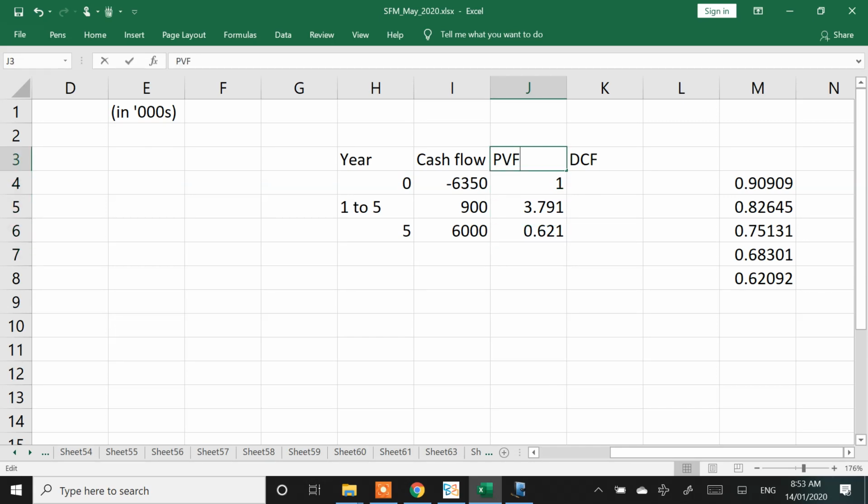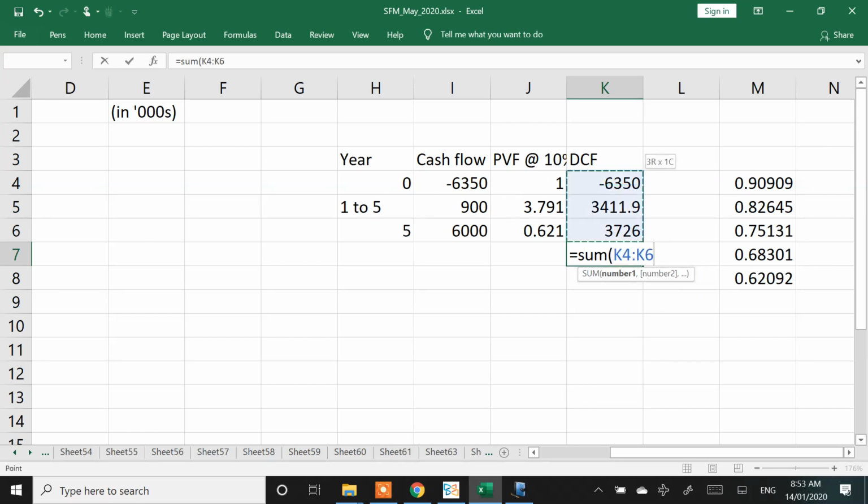Your discounting will happen at 10%. That's the cost of capital of the company. So this helps the company in saving some 787,000. Some 787,000 they end up saving because of this.